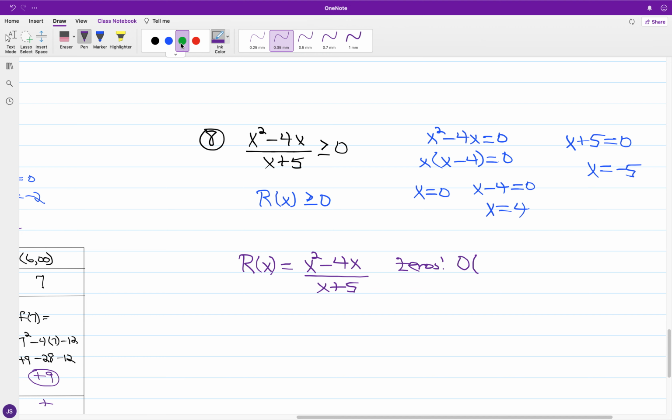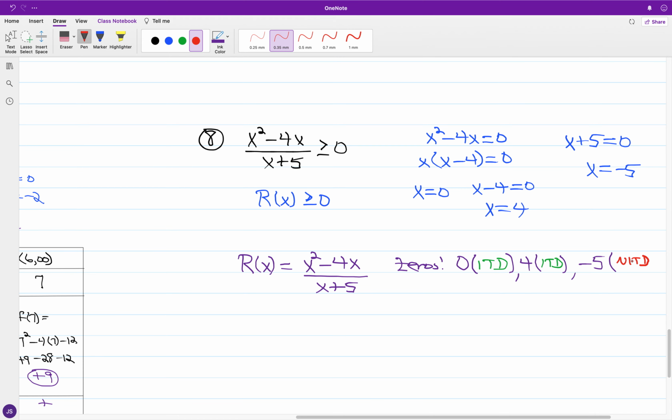Again, you can have a 0 numerator, but not a 0 denominator. So both 0 and 4 we have in the domain. But in the case of -5, this stems from x plus 5, which is situated in the denominator. If I have x at -5, the whole rational function will become undefined, since you cannot divide by 0.